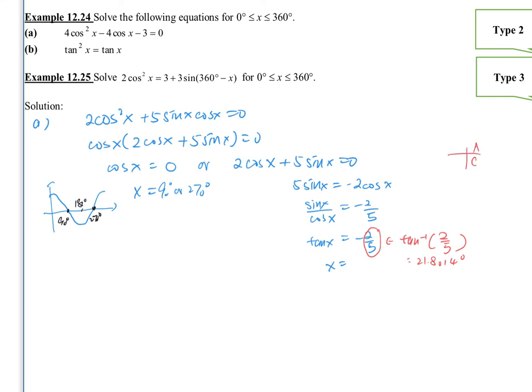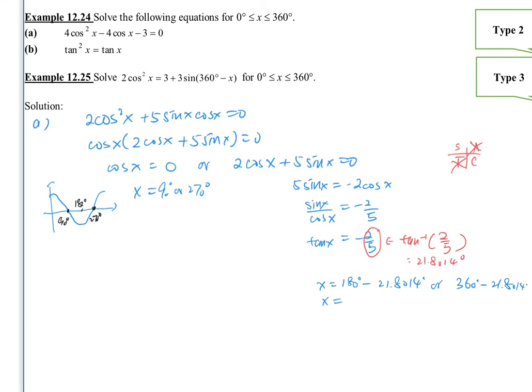So CAST, tangent is negative. That means we have quadrant 2 and quadrant 4. So quadrant 2, x is equal to 180 degrees minus 21.8014 degrees. Quadrant 4, 360 minus beta.